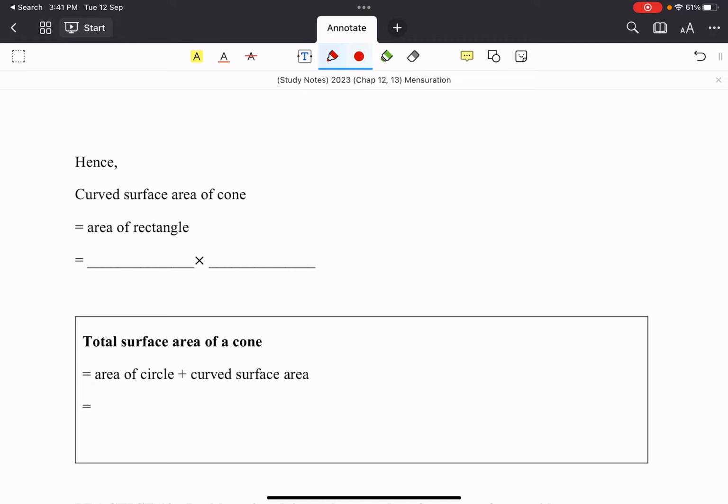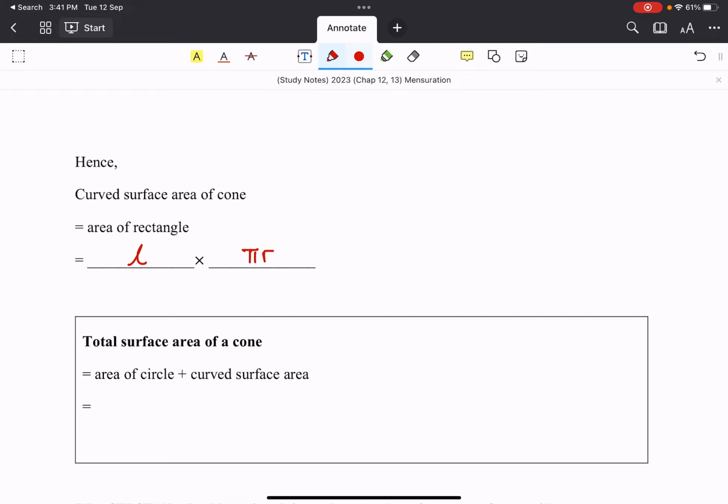So the curved surface area is the area of the rectangle. If you look at the rectangle, refer to your handout, the height of the rectangle is the slanted height, which we represent with the letter L. Then we have pi r on the other side, right?